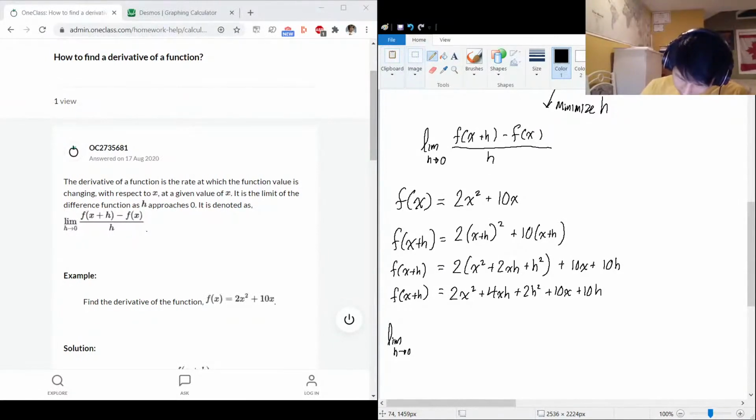So the first thing that we have here is 2x squared plus 4xh plus 2h squared plus 10x plus 10h minus the original f of x. We have to put that in brackets: 2x squared plus 10x. All of that over h.